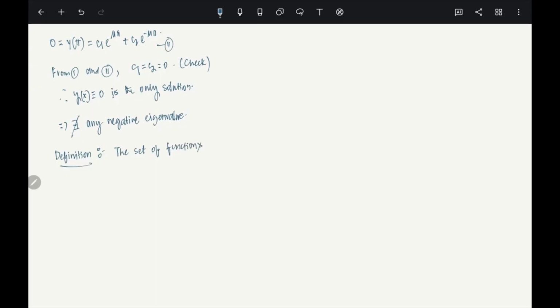The set of functions phi n of x, n equals 0, 1, 2, and so on, each of which are piecewise continuous. For now, we are just starting with piecewise continuous.